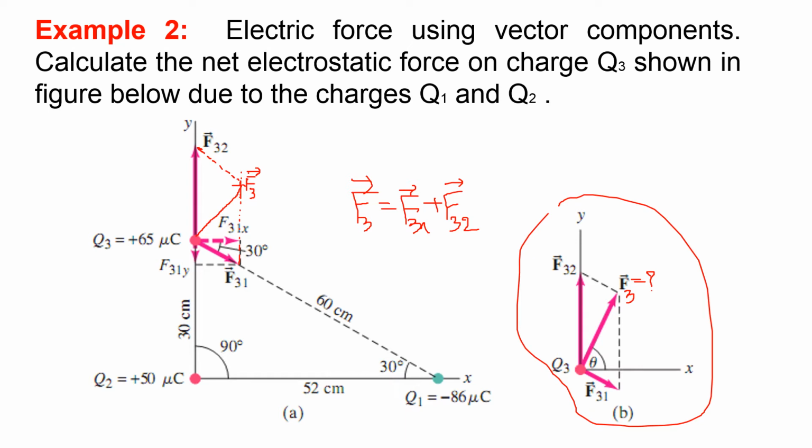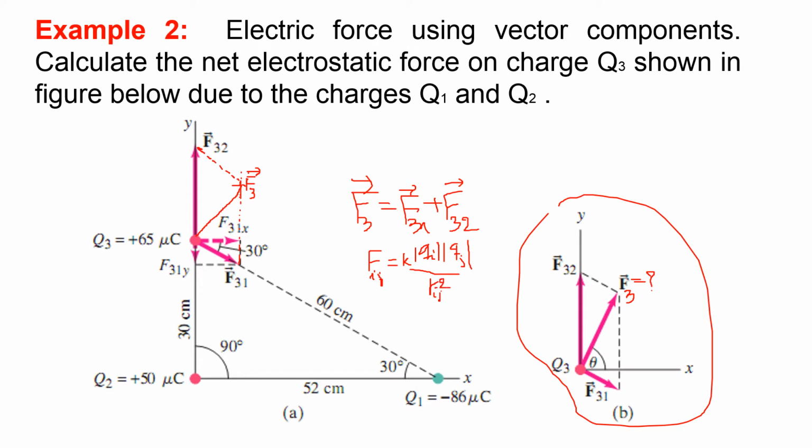Here we need first to calculate the magnitude of these forces by applying Coulomb's force. The Coulomb's force between charge i and charge j is equal to K, Coulomb's constant, times the magnitude of charge Qi times the magnitude of charge Qj divided by the square of the distance between the two charges.